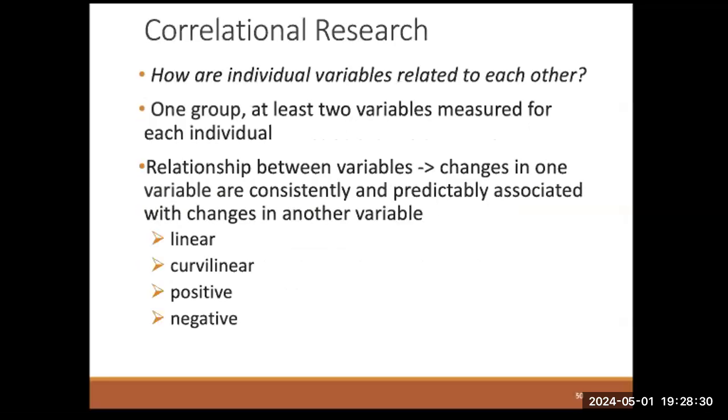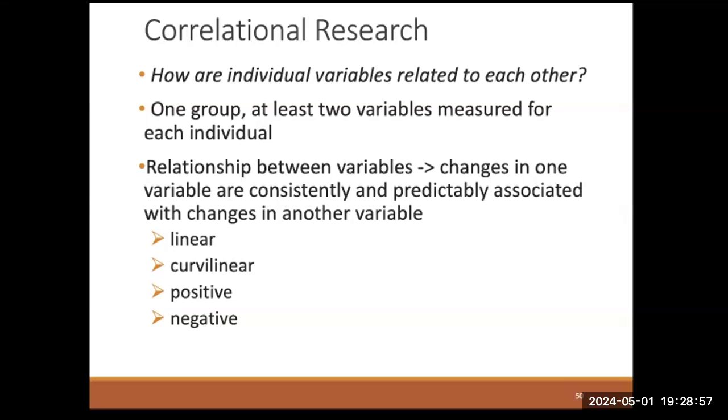With correlational research, so descriptive research usually happens when it's a new phenomenon. I'm not really sure of what's going on, so let's describe what's going on. In correlational research, now we know the variables and we want to know how are they related to each other. Is there a predictable association between the two? Is there systematic, predictable movement between the variables?